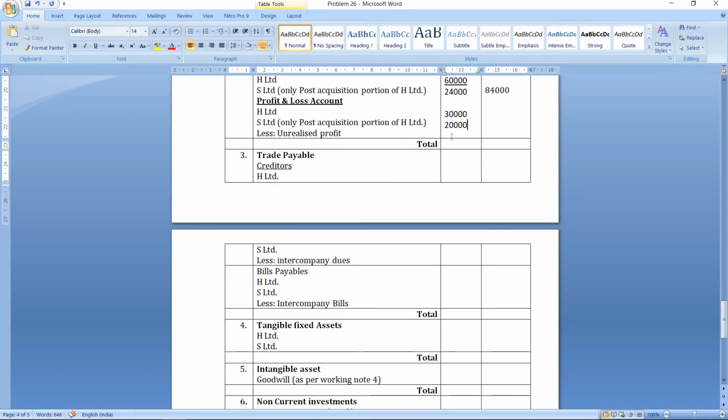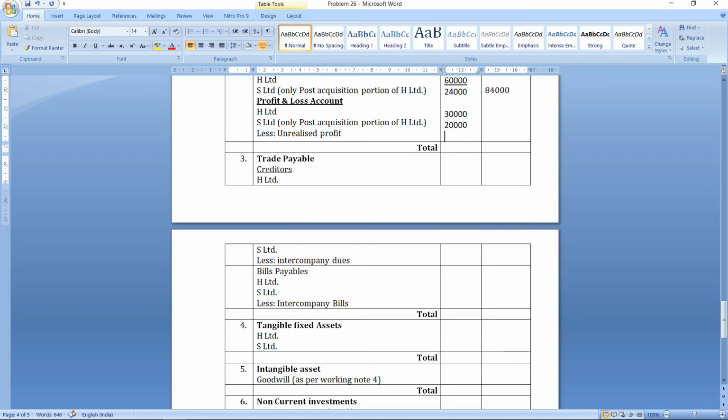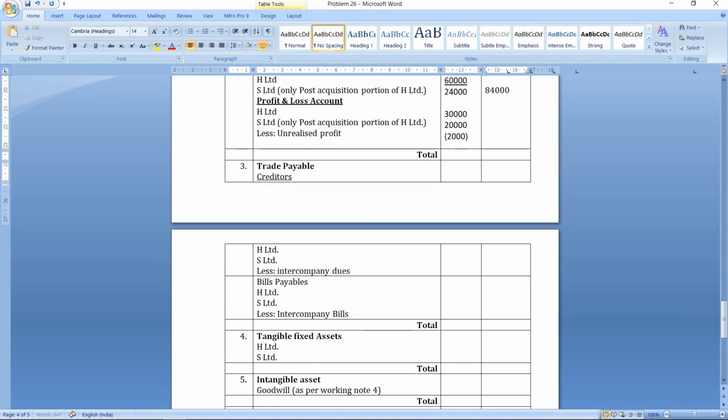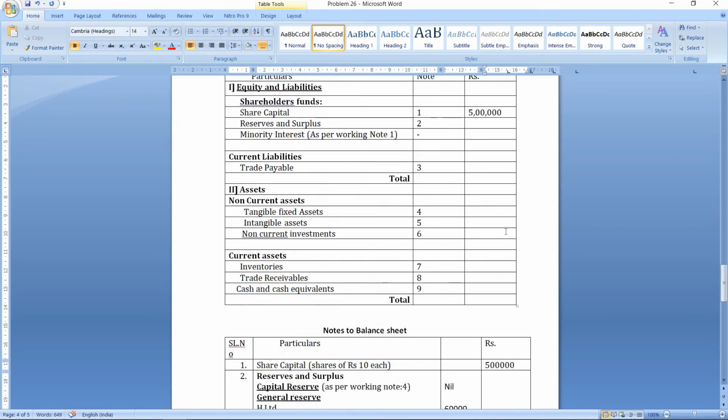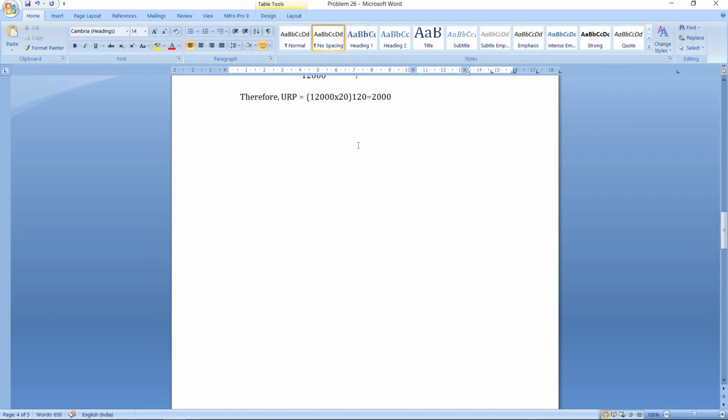So these two we have to add, that will be 50,000. From 50,000 we have to minus 2,000. So our total profit that will be shown in the balance sheet will be 48,000. Okay, so total reserves and surplus that will be shown in the balance sheet will be 84,000 plus 48,000, that is 1,32,000. So in the balance sheet, reserves and surplus, note number 2, amount will be 1,32,000.